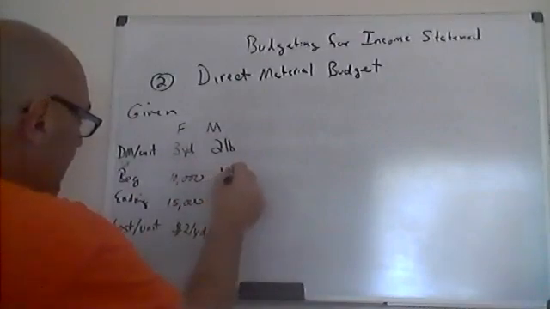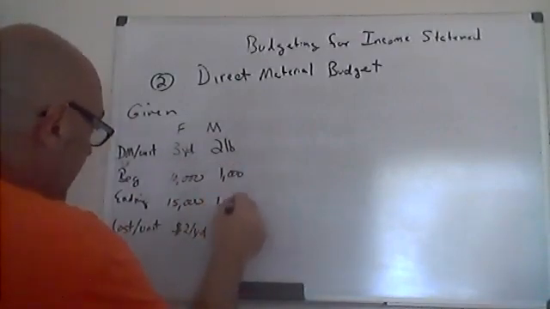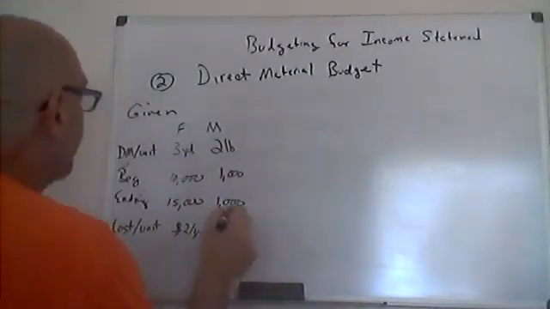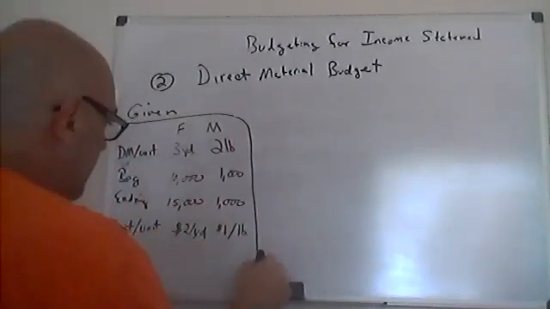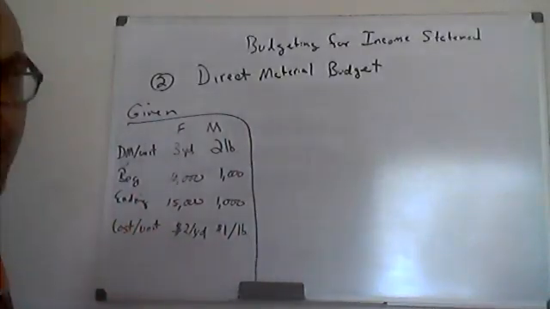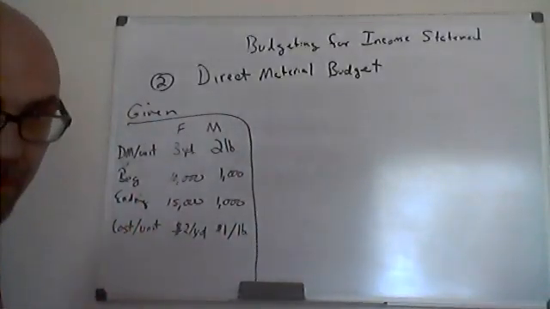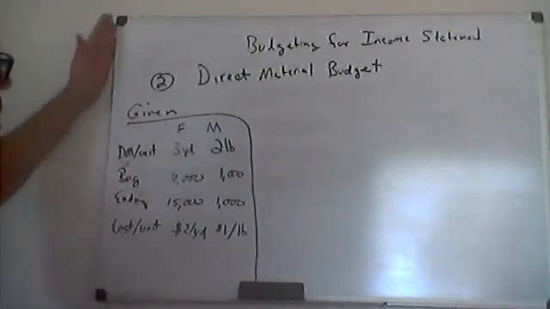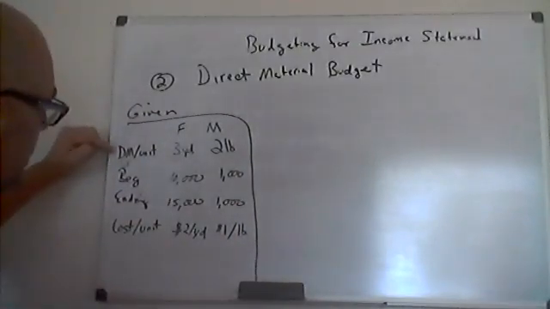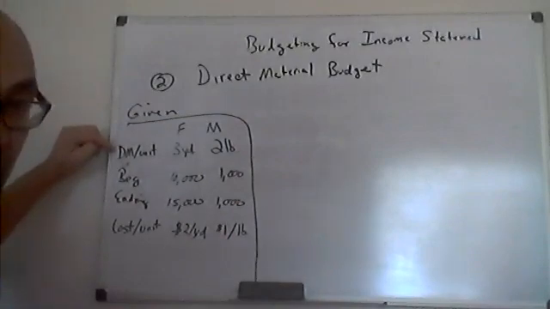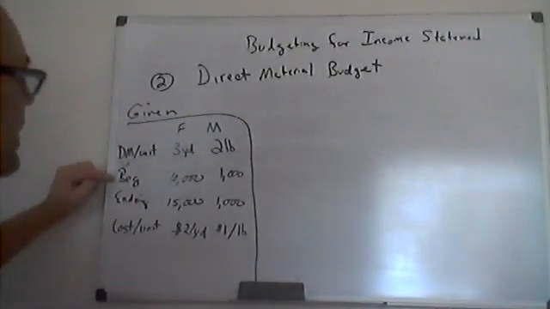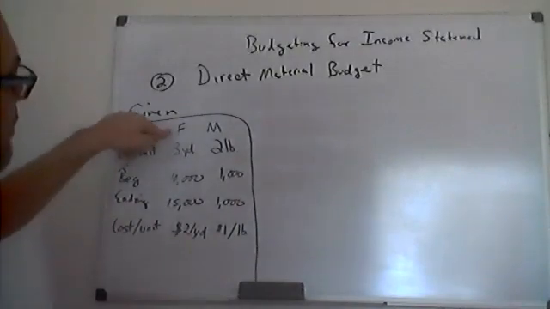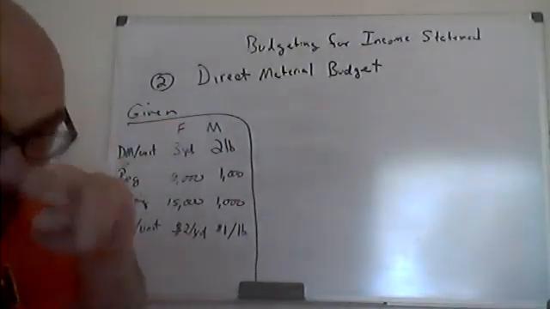Over here we had 1,000, 1,000, and $1 per pound. So that is all our given information, as given on the slides, and that is the information you're going to need to make a direct materials budget. So we have how much direct materials are used per unit, our beginning inventory, our ending inventory, and the cost per unit. Fabric in yards, metal in pounds.